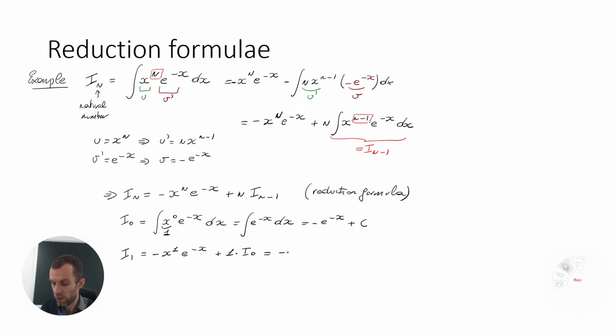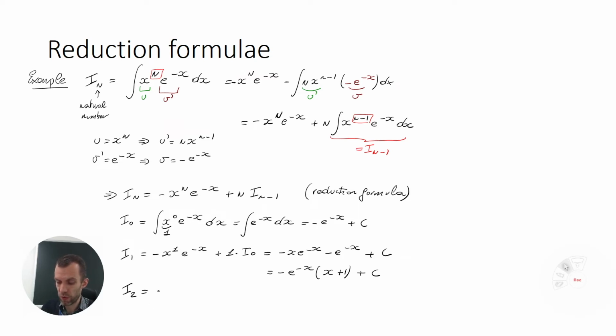So we get minus x e to the minus x plus minus e to the minus x plus a constant. And we can factor out the minus and the e to the minus x to get x plus 1, like this. And now you can keep building up expressions for the higher order I's.